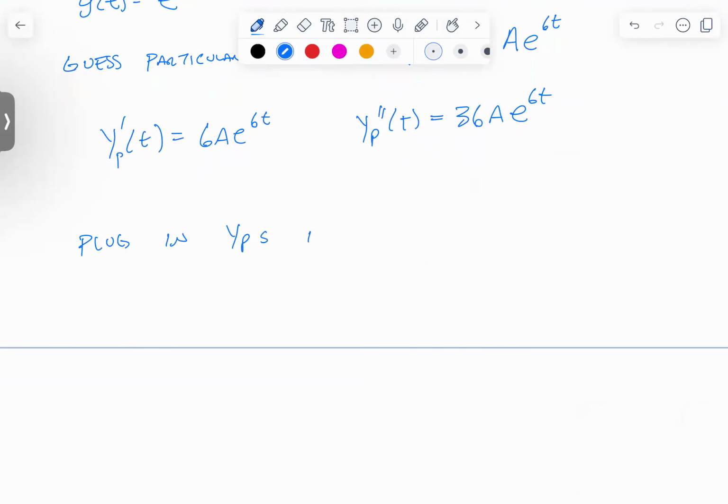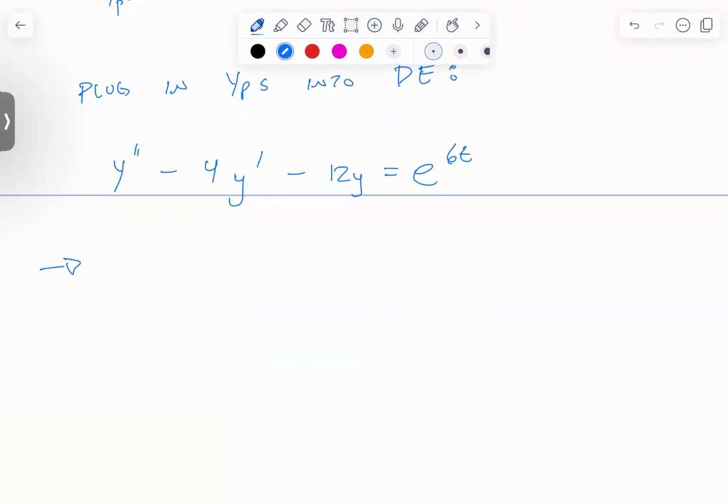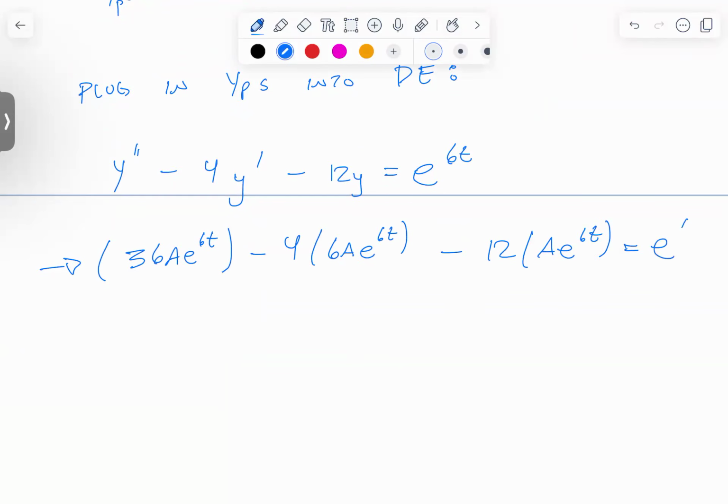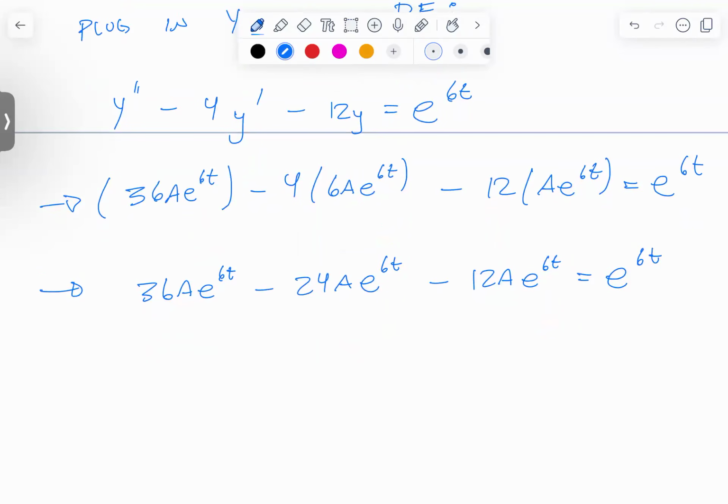Then plug the y_p's into the differential equation. What do we see on the left side of the equation?